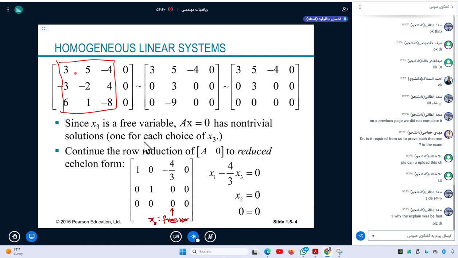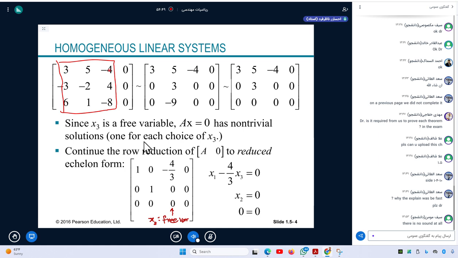If you remember from the echelon form, you can multiply one row by a number and then add it to another row. For instance, if you add the first row to the second row, this becomes 0, 3, 0, 0. And if you multiply the first row by minus 2 and then add it to the third row, this makes this one 0, so 0, minus 9, 0, and 0.